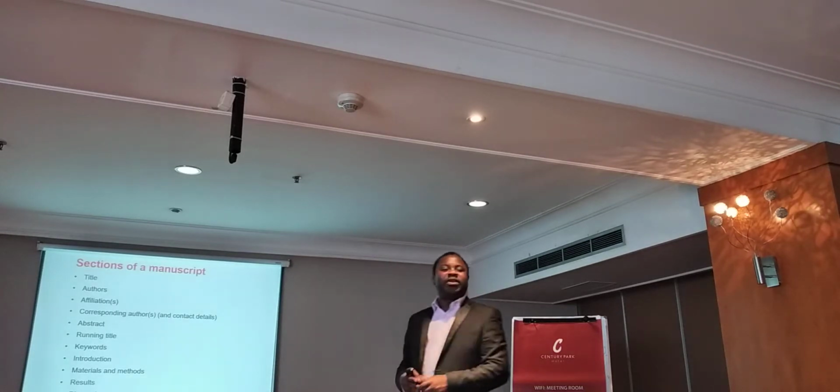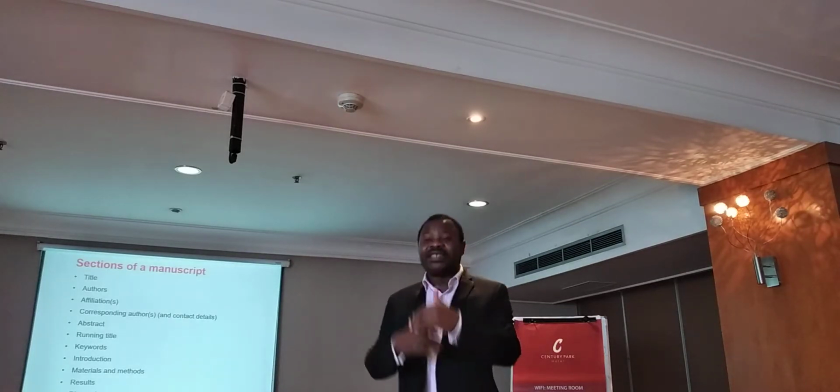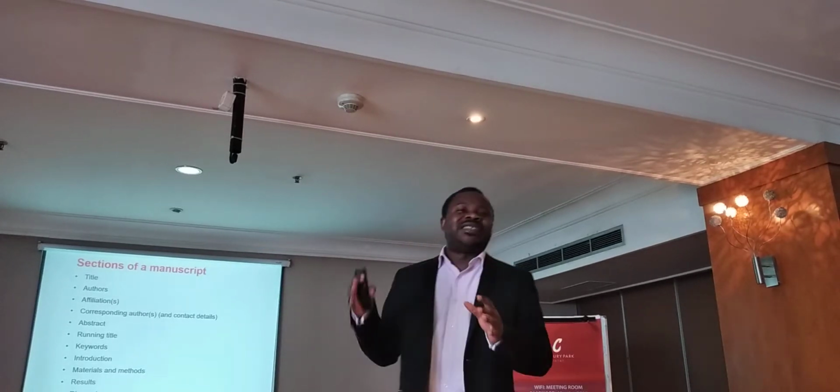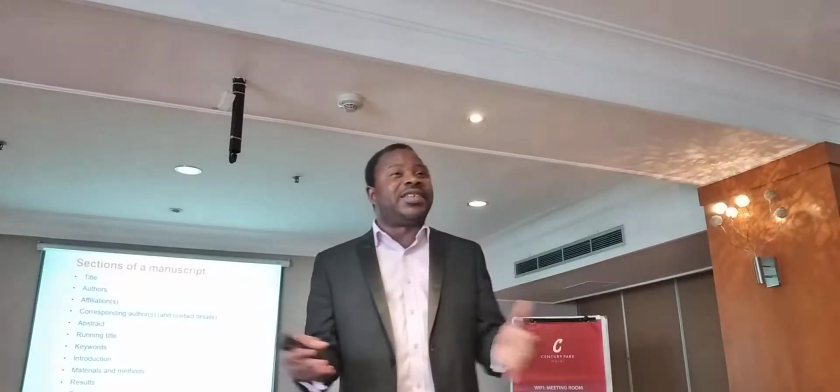And then you go from your introduction, which states at the end the aim of the study, to the materials and methods. That section answers the question, how did you do the research? Remember, introduction is asking the question, why did you do the research? Materials and methods is asking, how did you do the research?